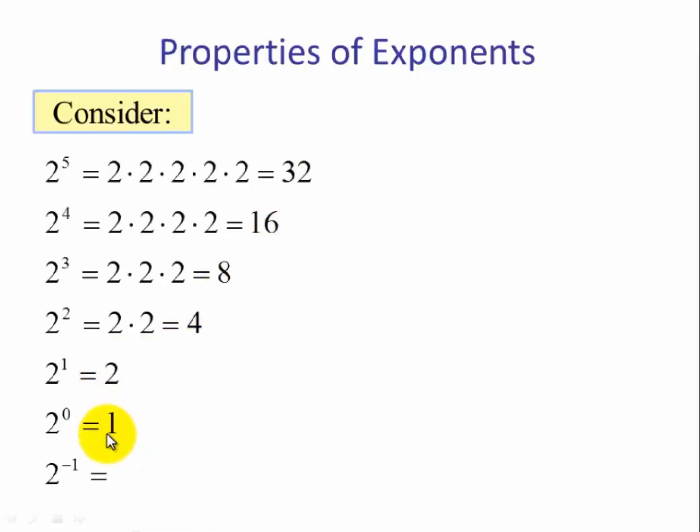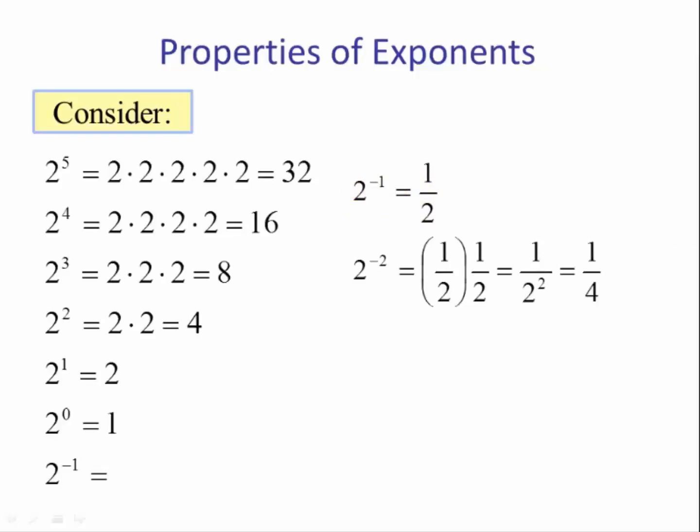So if we take 1 and half it, we get 1/2. 2 raised to the negative 1 power means my numerator will be a 1 and then whatever this value is, I stick it in the denominator. So next, what is 2 to the negative 2 power? Well, that would be half of a half, which is 1 over 2 squared, or 1/4.